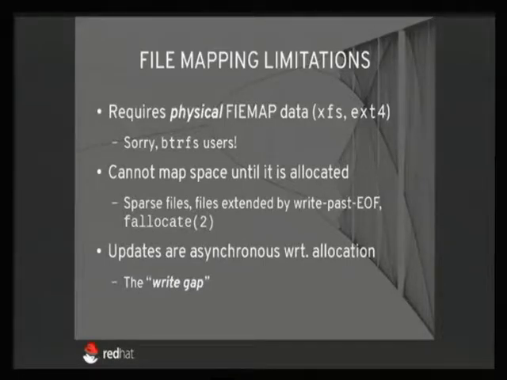We do require physical FILEMAP data. FILEMAP is an ioctl that gives us the location of a file's data on disk. Most file systems that implement it tell you where it is on a physical block device. XFS, ext4.